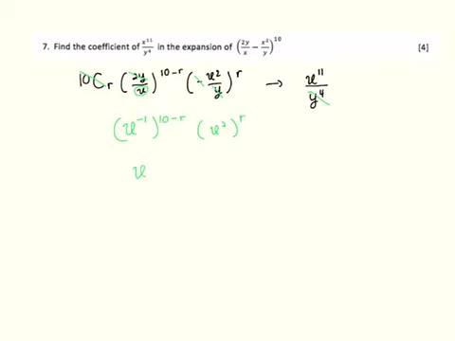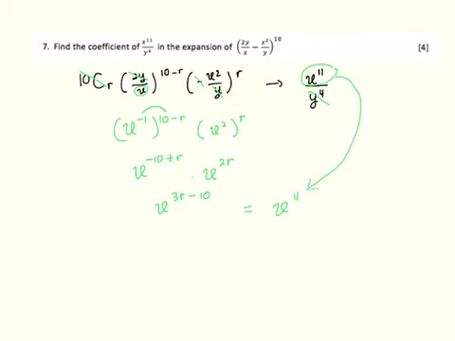Index law, exponent with exponent, I multiply it, negative 10 plus r, times x to the powers of 2r, and then again index law, I combine the exponent into 3r minus 10, and this must be equal to x to the powers of 11.